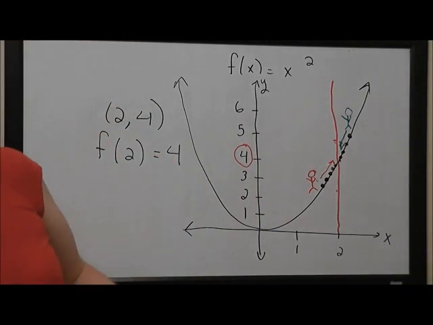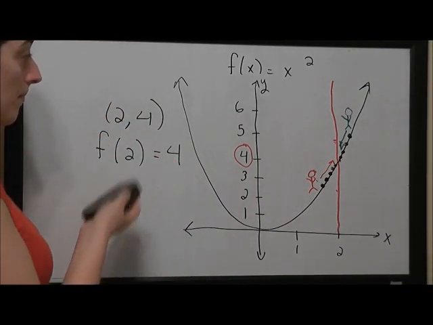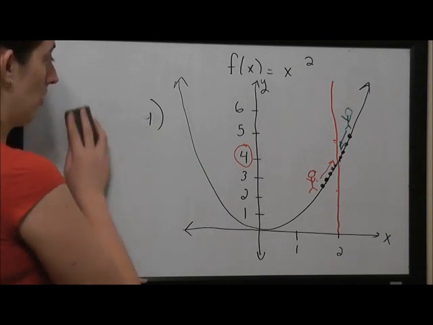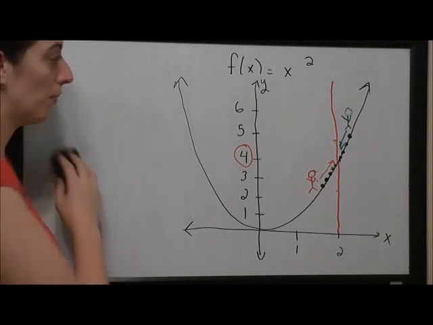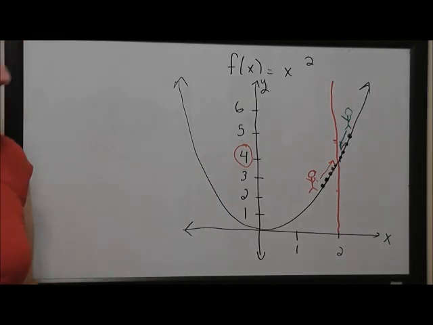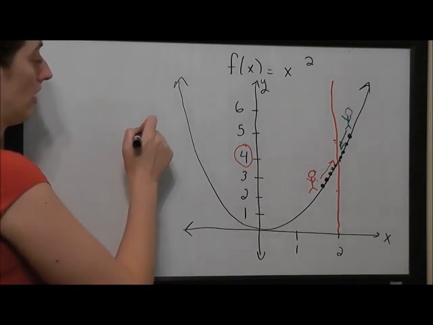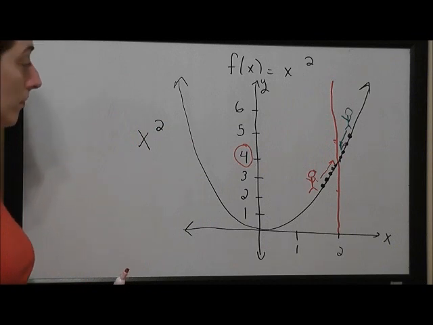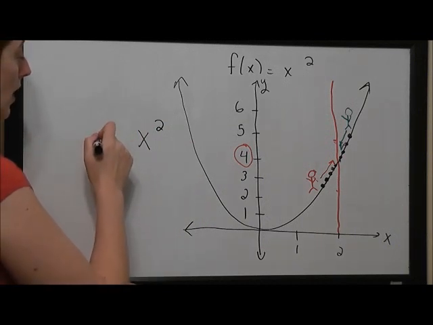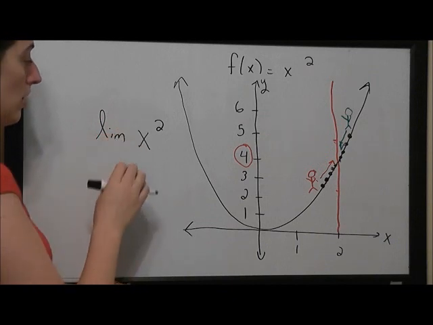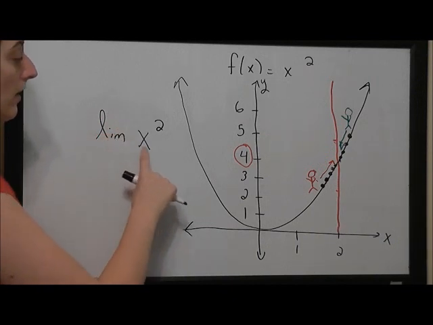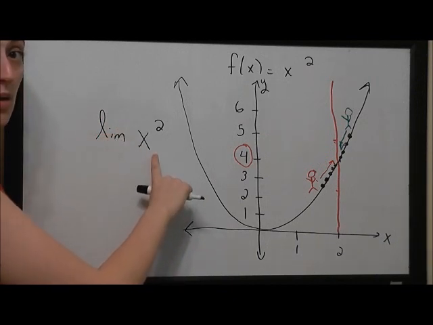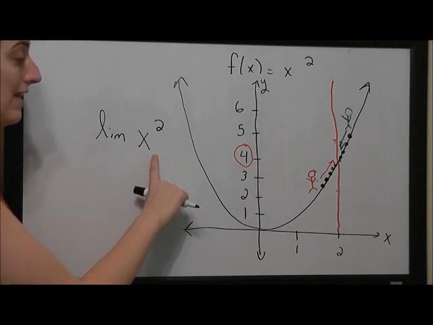So how do we write this, or how do we interpret all of this? We were looking at the function x squared, and right now we're talking about a limit. Well, typically for limits, the shorthand is we'll write lim. So this means we're talking about the limit of x squared. But we also need to indicate what point we're looking around.